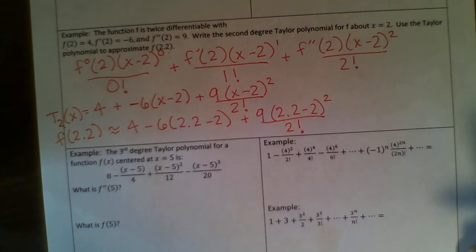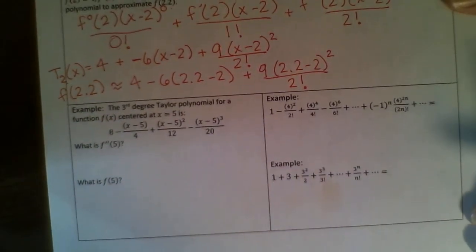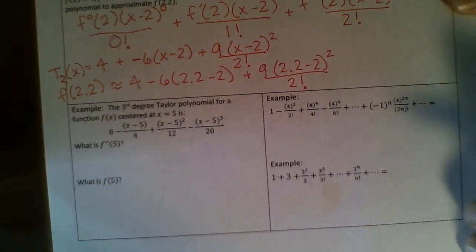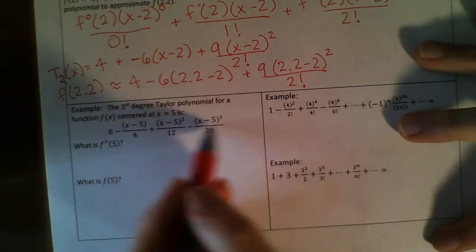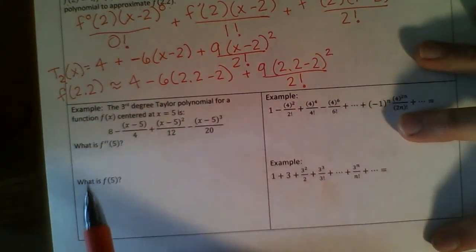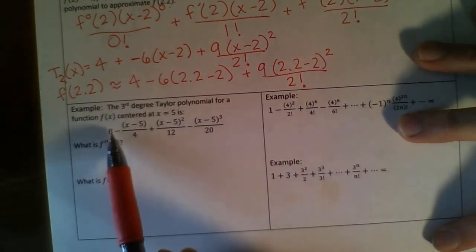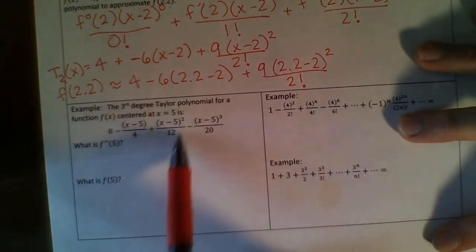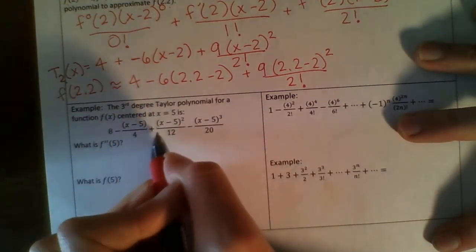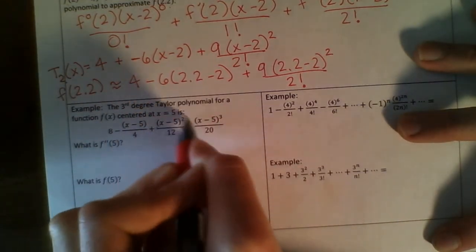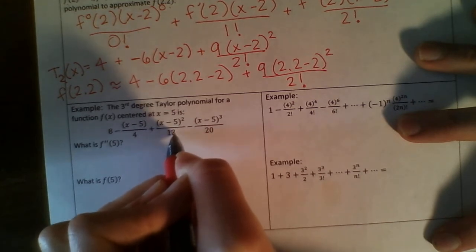All right. Okay, down at the bottom. The third degree Taylor polynomial for a function f of x centered at x equals 5 is given by this. What is f double prime of 5? Well, to find f double prime, we're going to have to look at this term. And what I like to do is write the general form of that term and set it equal to this.